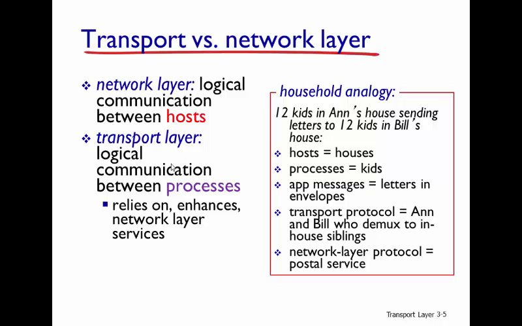Transport versus network layer. The network layer is logical communication between hosts. The transport layer is logical communication between processes. Both are talking about logical communication, but the network layer talks to the host only, host to host. It describes the host itself. The transport layer is a little more detailed.